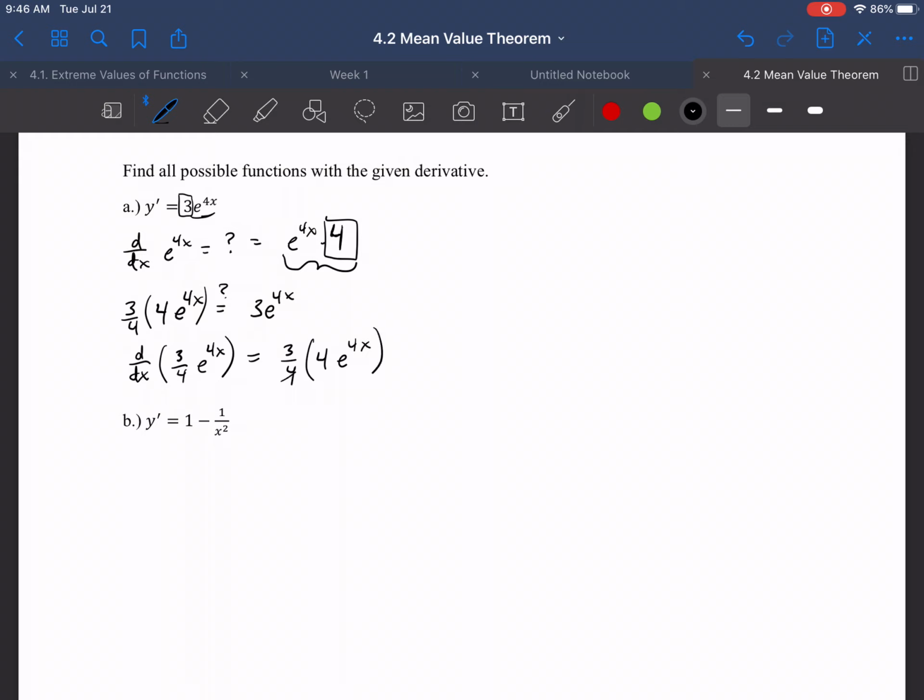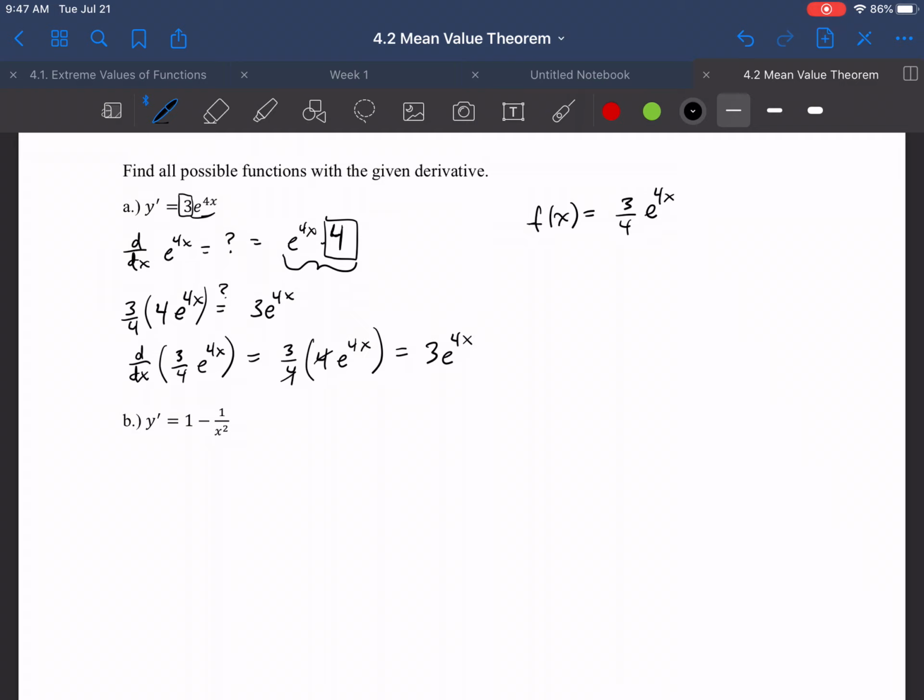And then the 4 cancels with the 4, and we're left with 3 times e to the 4x. All right, and so that tells us then f of x is equal to 3/4 e to the 4x, just like that. And then that is our original function.